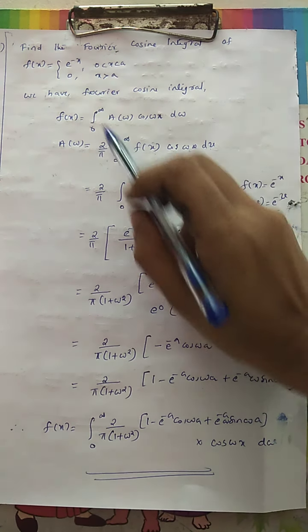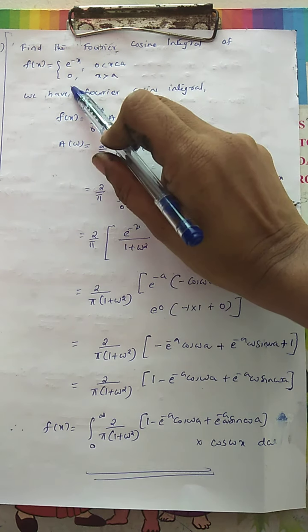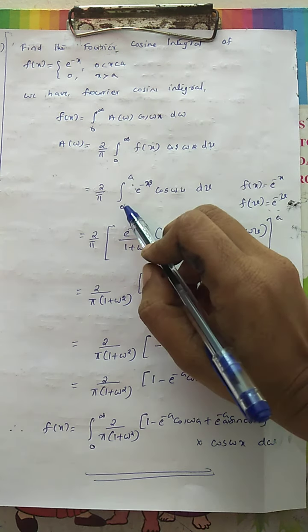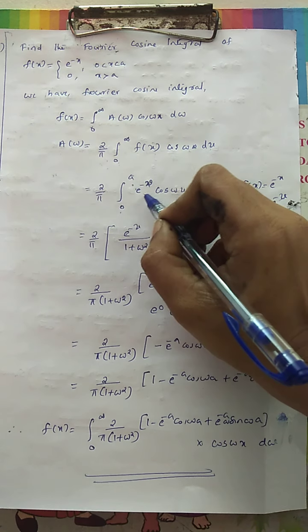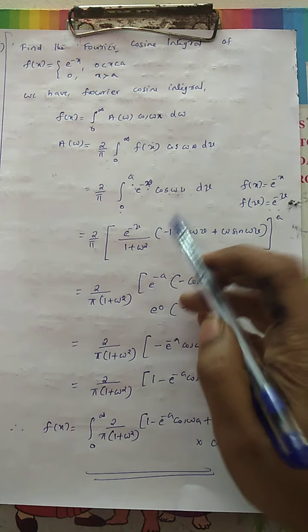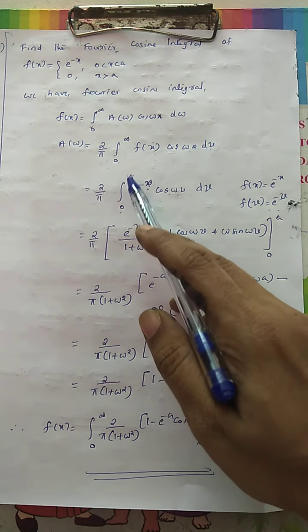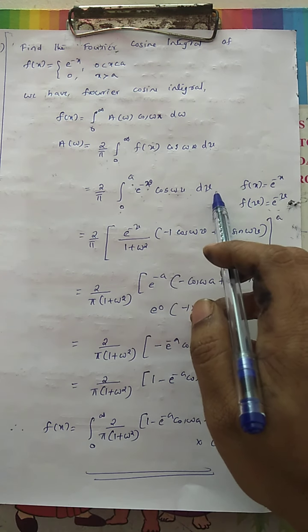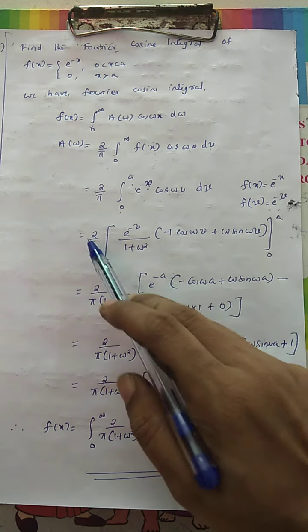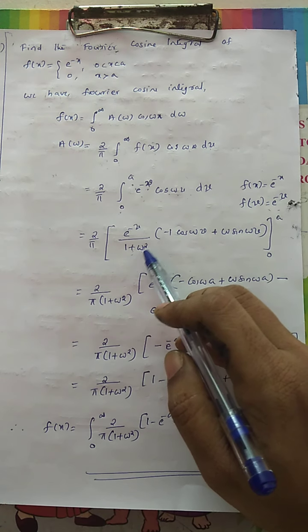Now we have to split the interval. 0 to infinity is 0 to a and a to infinity. So 0 to a is where the function exists. So in 0 to a we have e raised to minus nu cos omega nu d nu. Now evaluating the integral, we have a formula for the integral 0 to infinity e raised to ax cos bx dx. We use that formula here, so that we will get 2 by pi e raised to a divided by a square plus b square form.